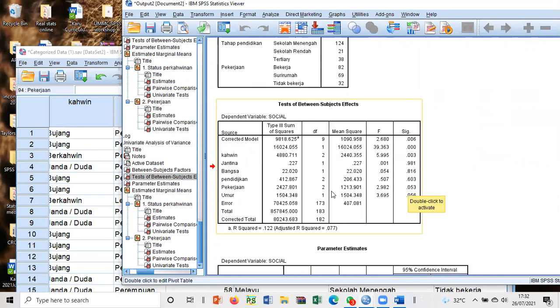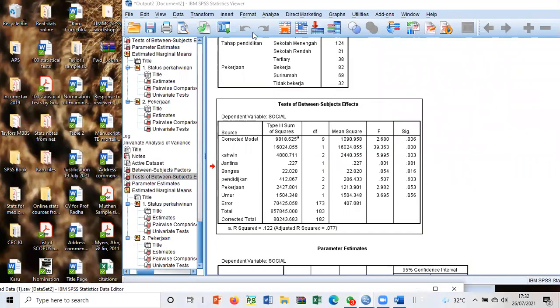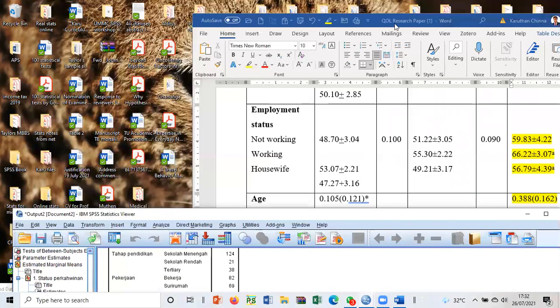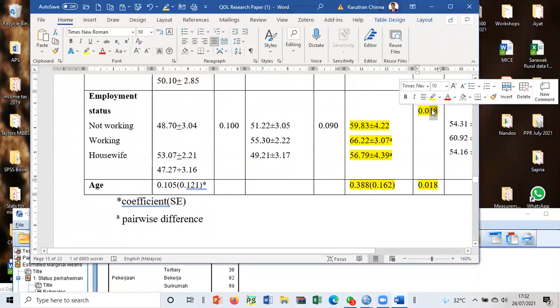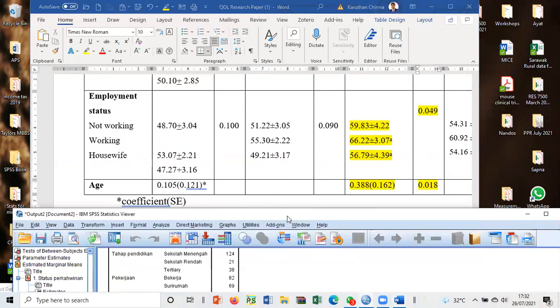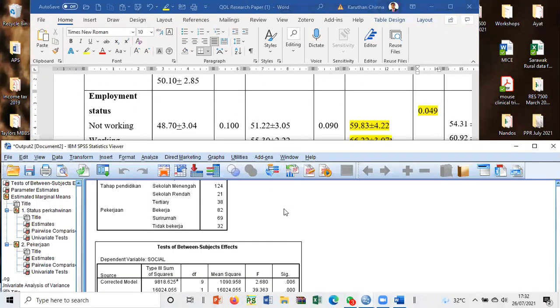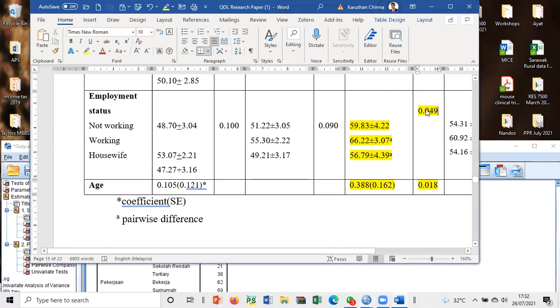What's the p-value for pekerjaan? We got 0.049. Okay, maintain that, right? I think because I had one case, already 182, but I'm carrying 183 cases. Okay, doesn't matter. Now, when it comes like this, we know there is a difference, right?